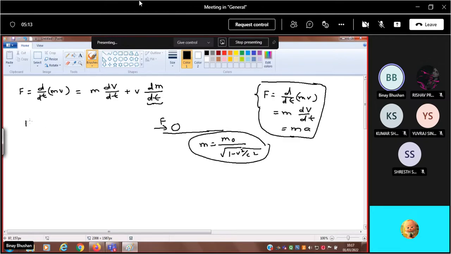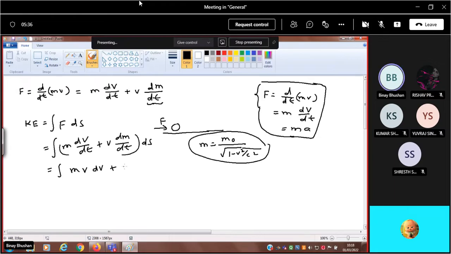So the kinetic energy will be equal to the work done by this force. Then we put the value of F from here, m dv by dt plus v dm by dt. Then we wrote this as mv dv plus v square dm.